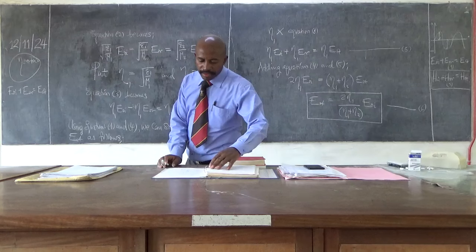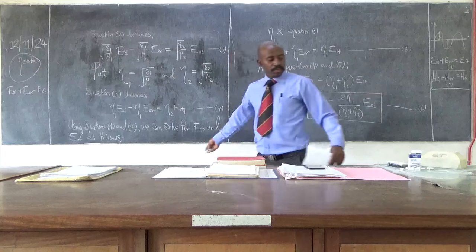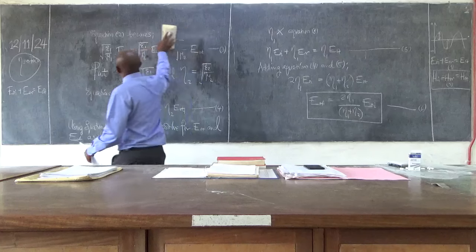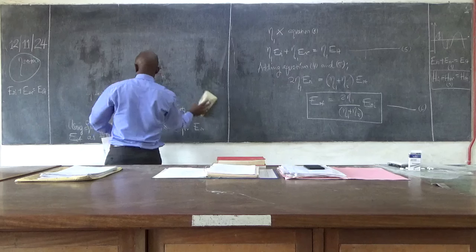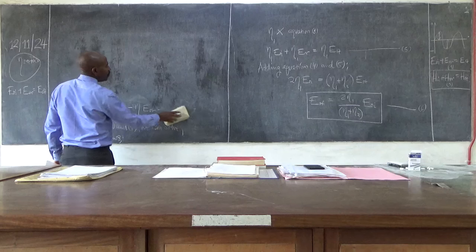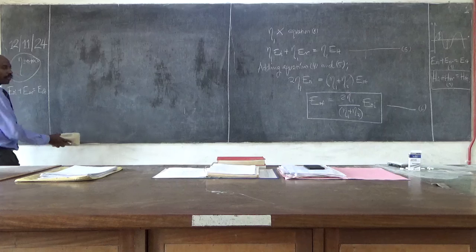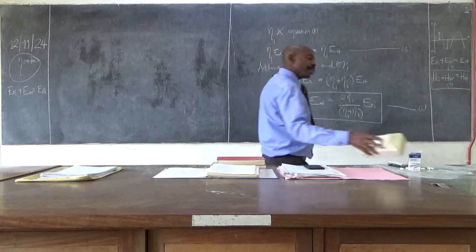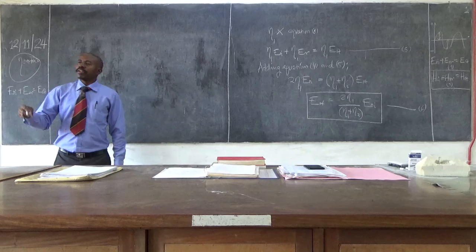If we multiply by eta 2, we will be able to relate and add or subtract, whichever way we do it. If we multiply by eta 2 and subtract, we will eliminate the E naught T and then get the E naught R in terms of the E naught I. When we get E naught R over E naught I, we get the reflection coefficient.